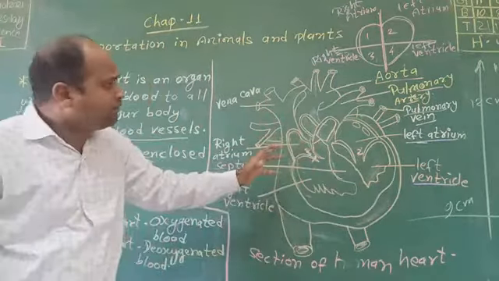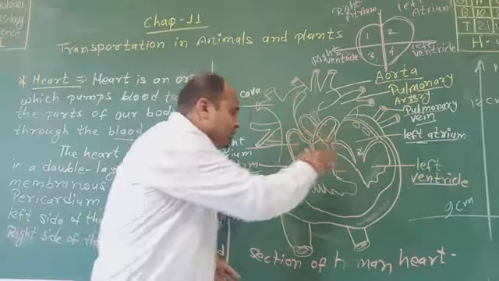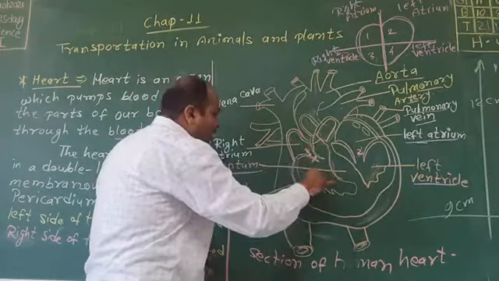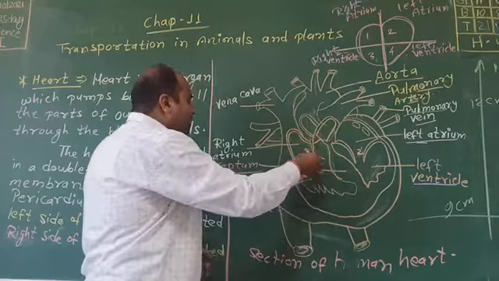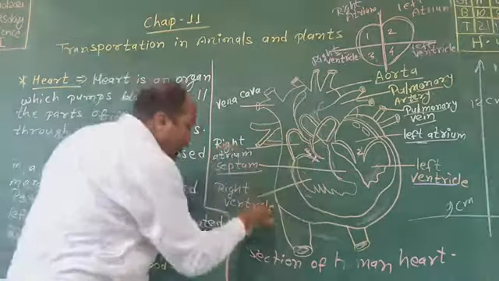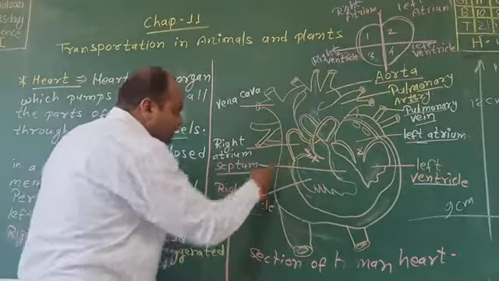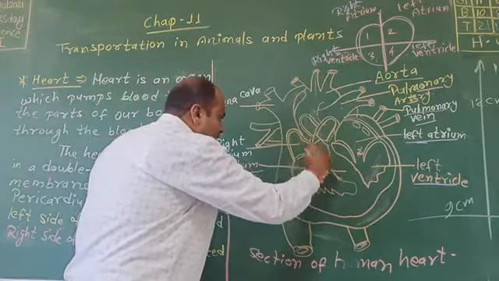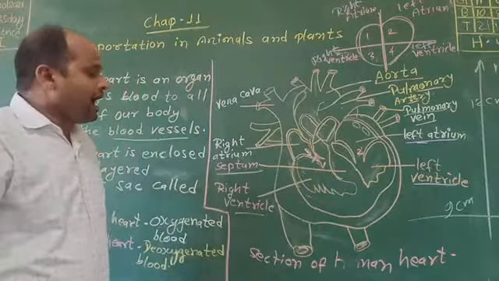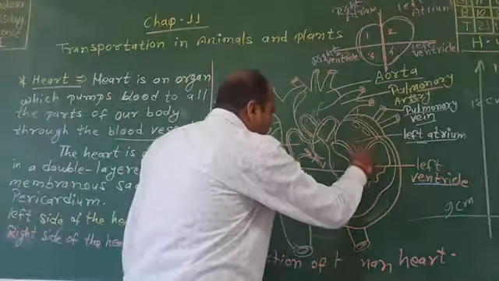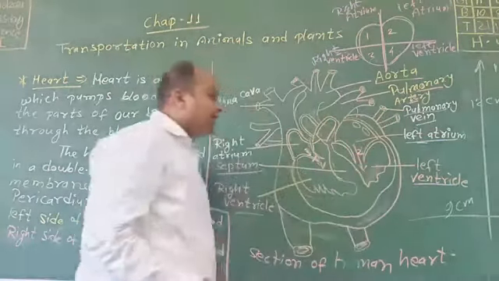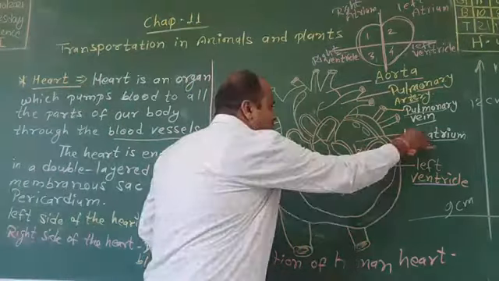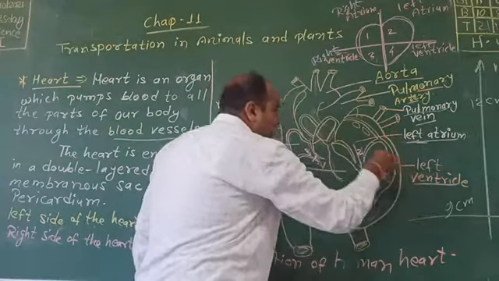In this heart, the tricuspid valve allows blood to flow from the right atrium to the right ventricle, and the bicuspid valve allows blood to flow from the left atrium to the left ventricle.